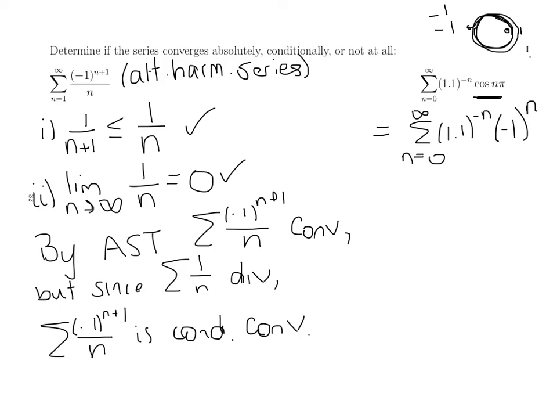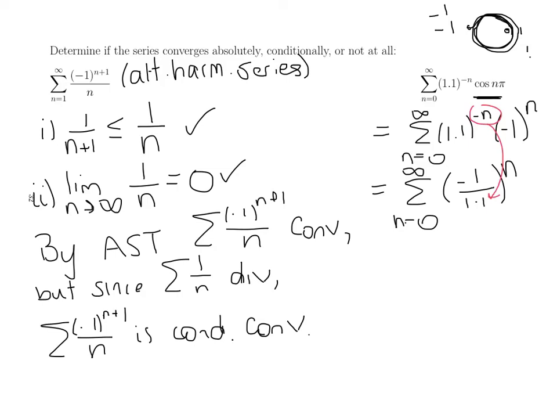So there's our term, and we can even rewrite this further as negative 1 over 1.1 raised to the n, because this part raised to the negative n means that's going to go to the denominator, and then we can put everything raised to the n.